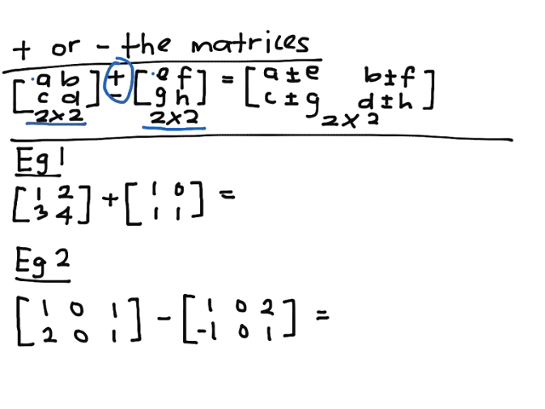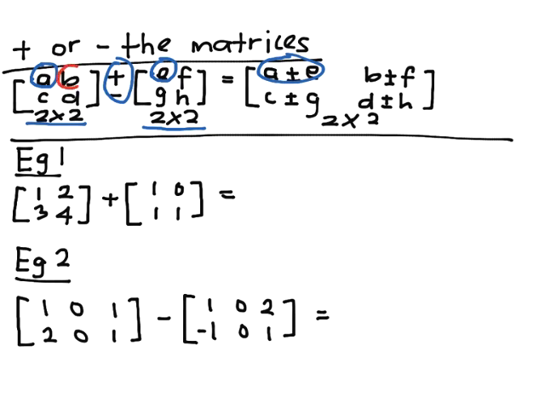For example, A in the first matrix is in the first row and first column. So when we plus or minus, we should also use the value in the second matrix in the first row and first column. So our value will be A plus or minus E. The same thing goes for the other values in the matrix.